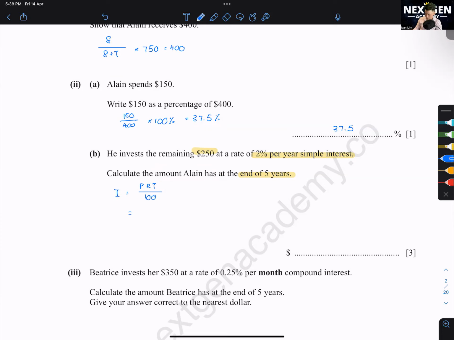So P, the principal, times 2 times 5 over 100 equals 25. This is just the interest only. So his total, you have to add the original: 250 plus 25 equals 275. 3 marks, this question.